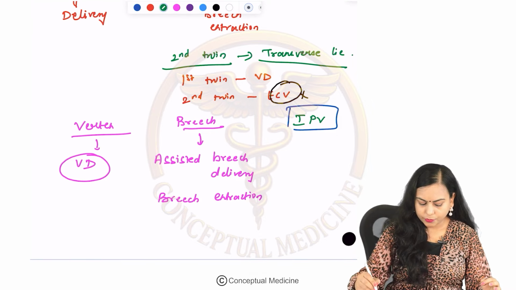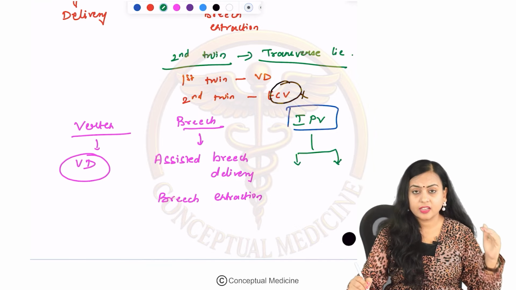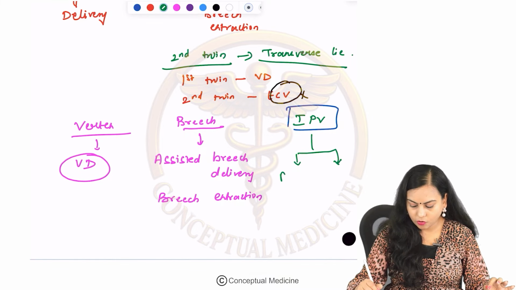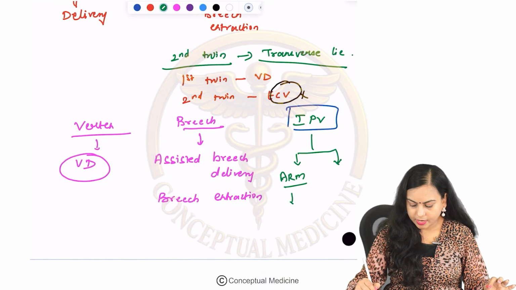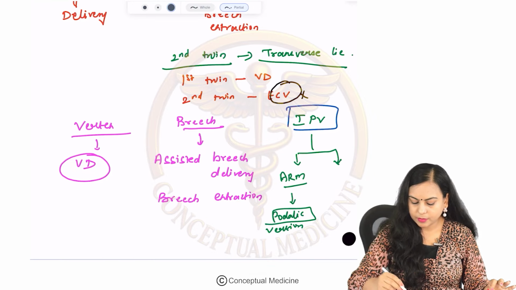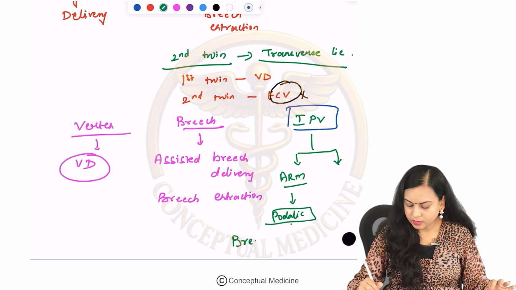Okay, so you just have to check whether the membranes are intact here or not. Suppose the membranes are intact, offer her an ARM and try IPV, hold the podalic region and go for breech extraction.